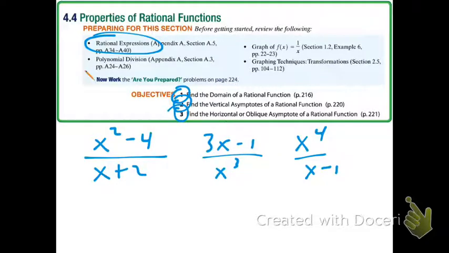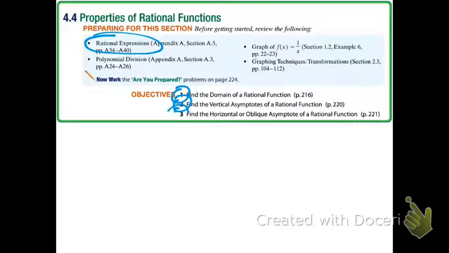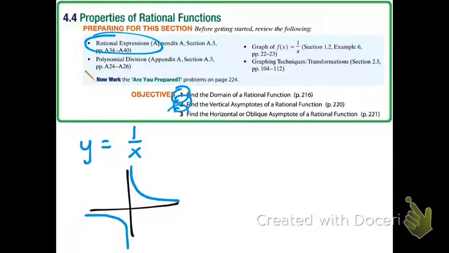I also want to talk a little bit about graphing rational functions. Let's look at the basic rational function y equals 1 over x. We should know that 1 over x looks like this. It's a hyperbola.